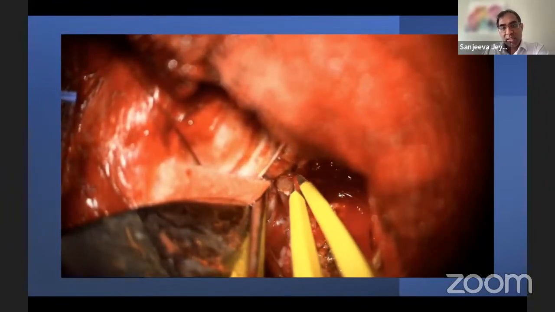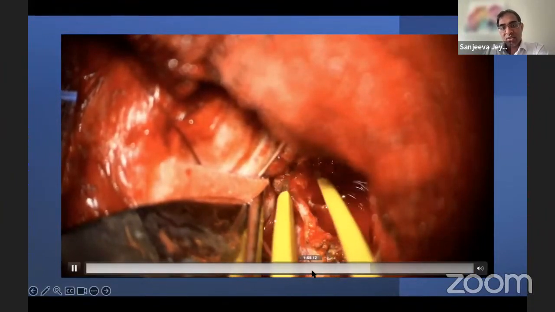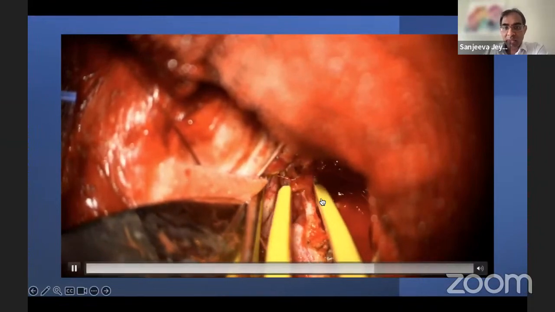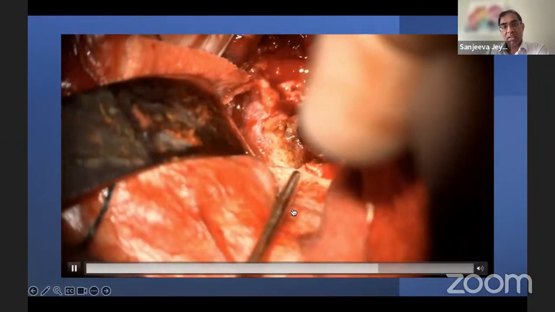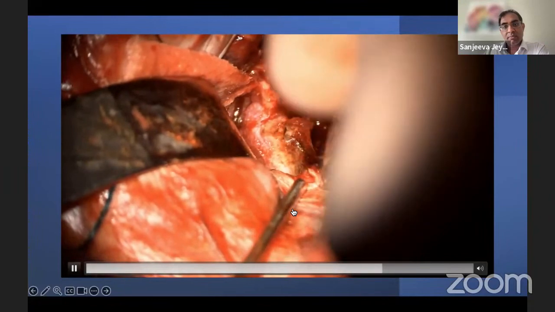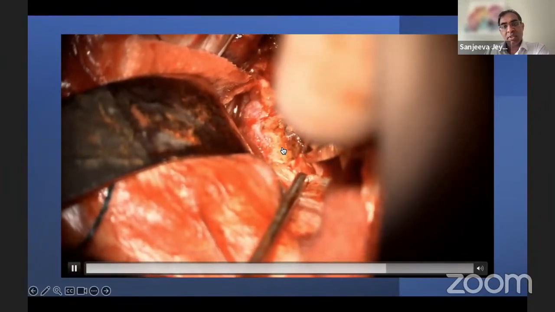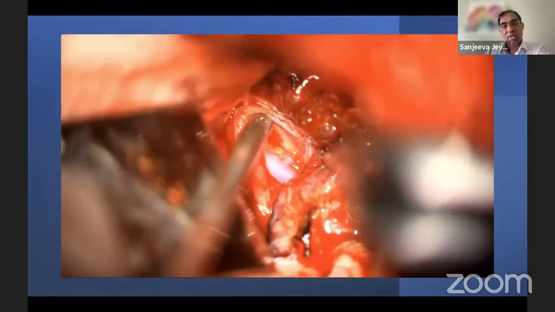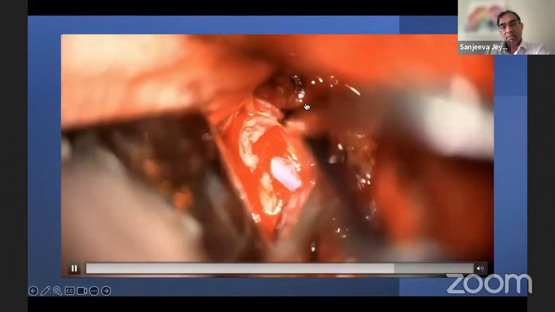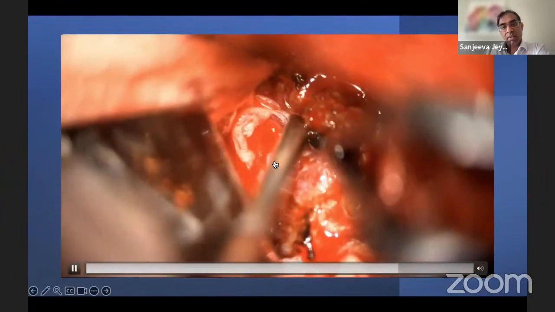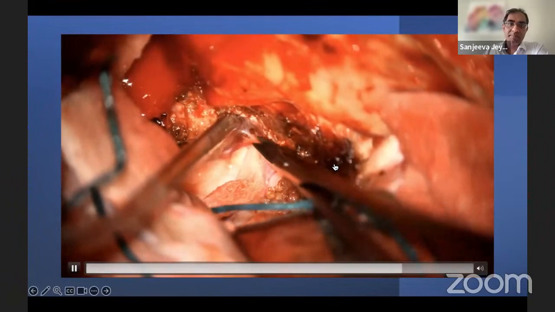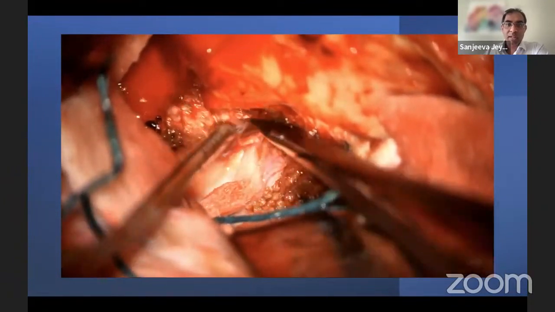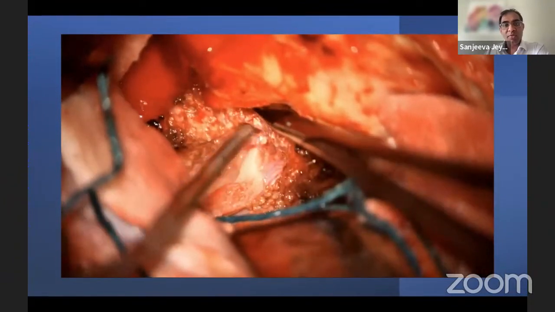And that's just a tumor coming downwards, still attached to tentorium. It's going forward into Meckel's cave. Getting the posterior limit of the tumor there. We're going to push it forward. See the major vessels deep to it. So just taking all of the back of the tumor off.